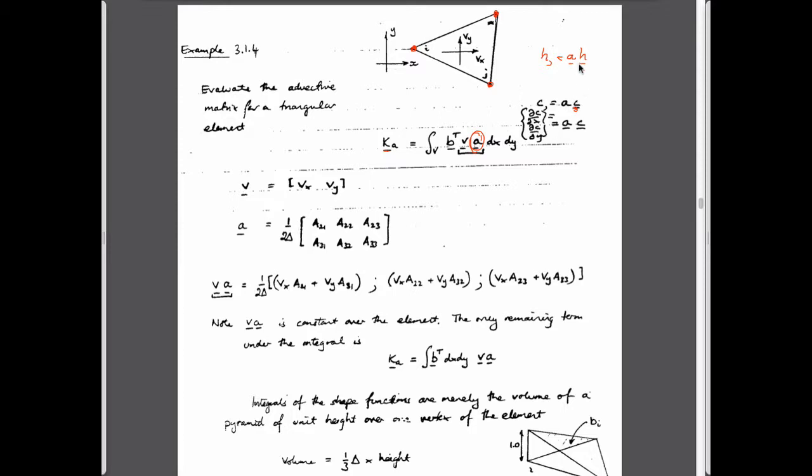And so all we're doing is exchanging the dependent variable from heads to concentrations. So we know exactly what that matrix is because we've derived it. It's a function only of geometry. These terms, A, 2, 1, etc., are just coordinates of the nodes subtracted from each other. And this is 2 times the area of the triangle, which is 1 over 2 times the determinant, which gives us the behavior of this matrix.